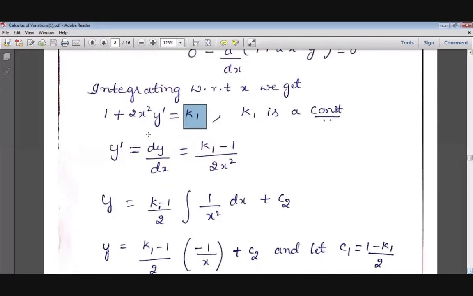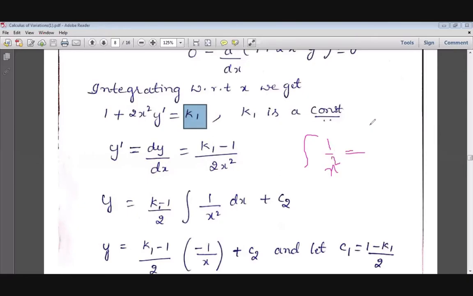Next, integrate this because I need y. Integrate this: (k1 minus 1) divided by 2 is a constant, you can write it outside the integration of 1 by x square dx, plus c2. What is the integration of 1 by x square?